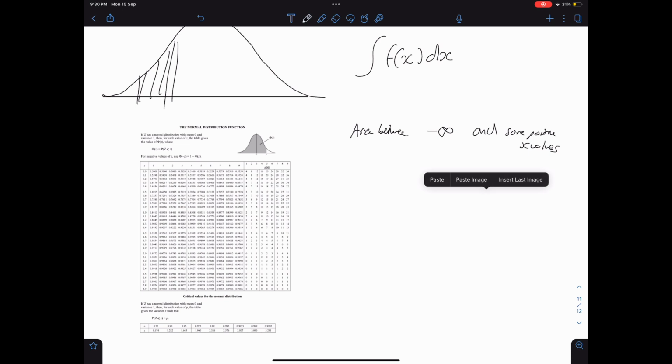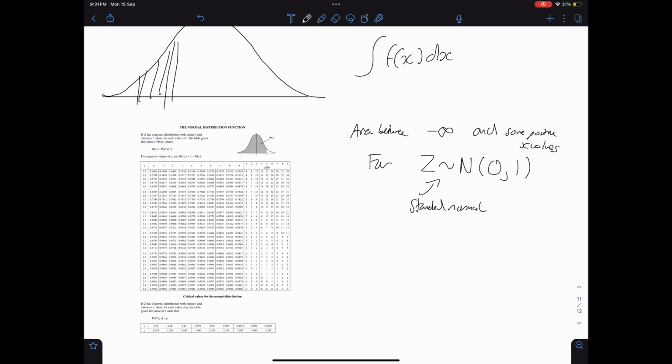This is for the distribution of the random variable Z. This is what Z is, a special variable for this special distribution. It's normal with a mean of 0 and a variance of 1, which also means the standard deviation will be 1. And this is called the standard normal.